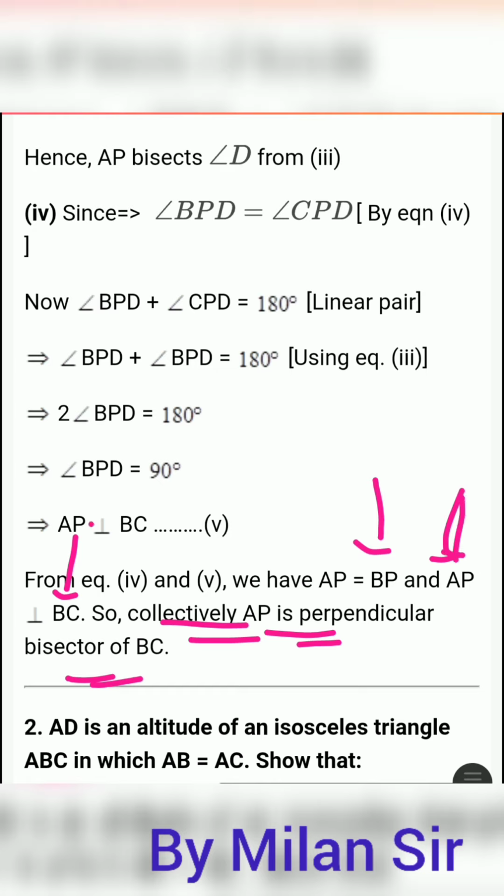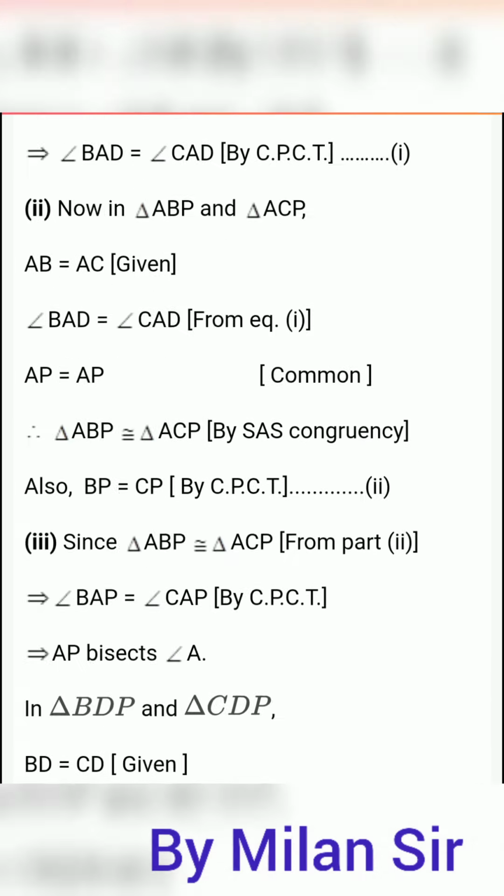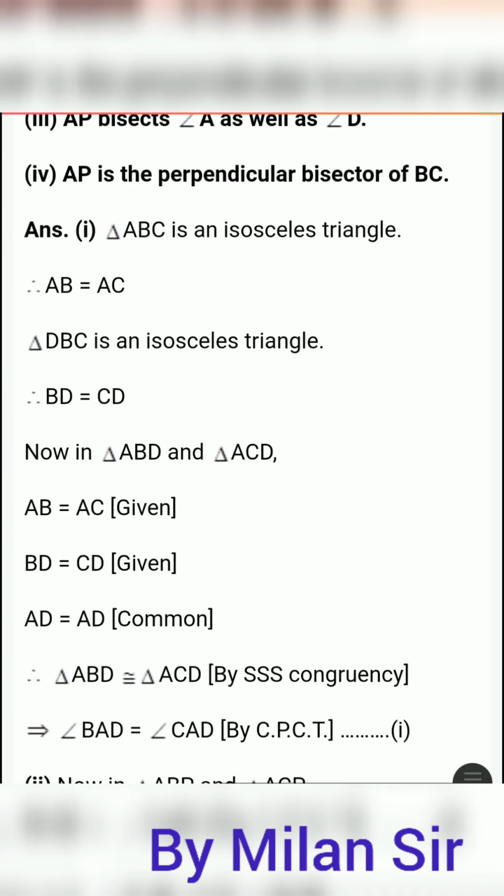Perpendicular means it makes 90 degree, and bisector means two equal parts. So from here we can prove that AP is the perpendicular bisector of BC.